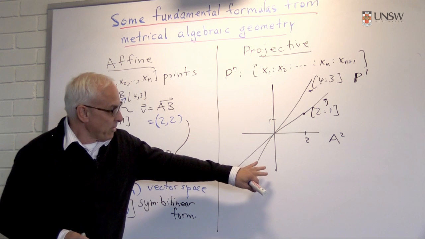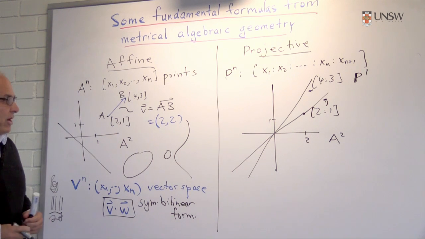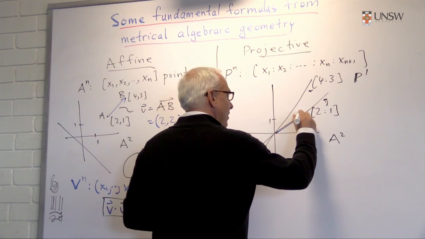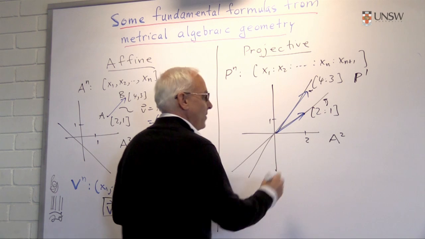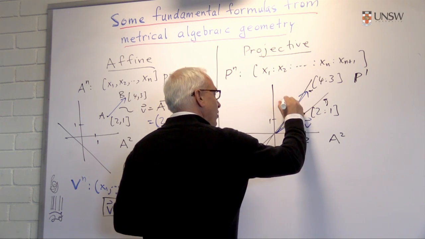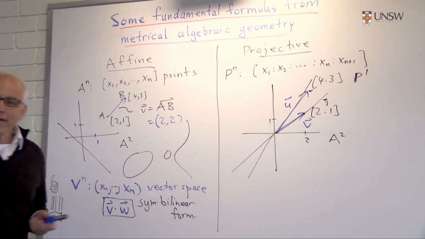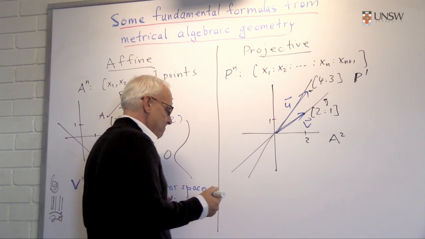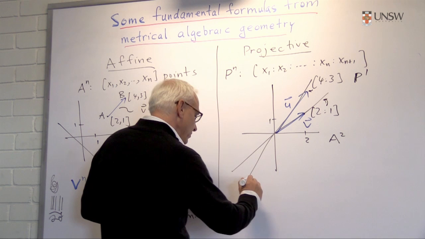There's also the corresponding metrical structure over here. So we can also think about having two vectors that represent these lines, say the vector v and the vector u. Then over here, we can define a metrical structure, but it's a little bit different.